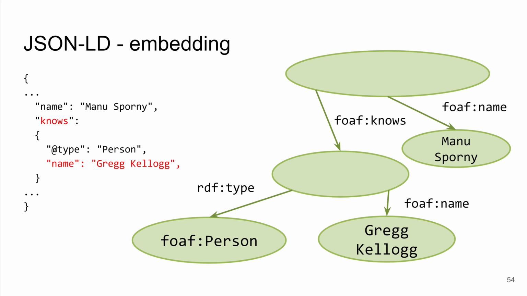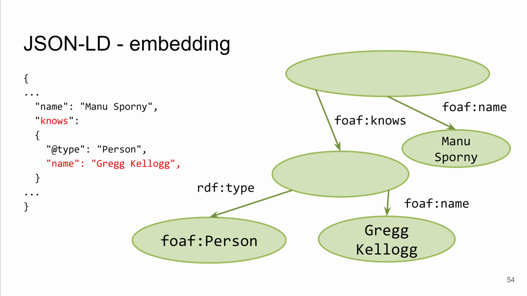Now, a typical feature of JSON files is embedding, which means that we have objects in other objects. So here we have a person, Manu Sporny, who knows, and the value of knows is another JSON object of a type person and name Greg Kellogg.